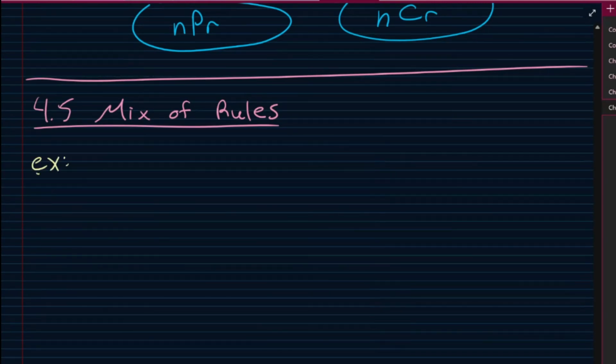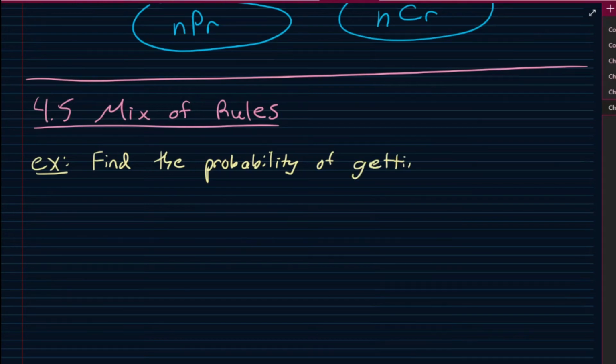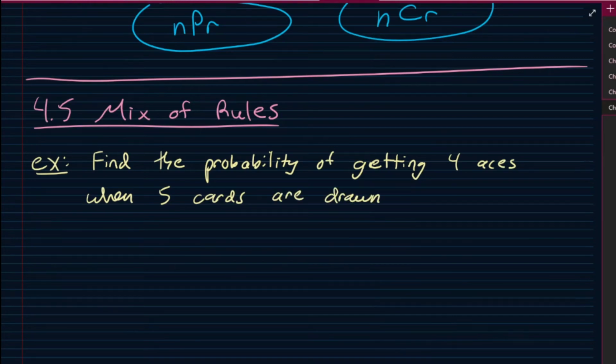Okay, so this question says, find the probability of getting 4 aces when 5 cards are drawn from a standard deck.